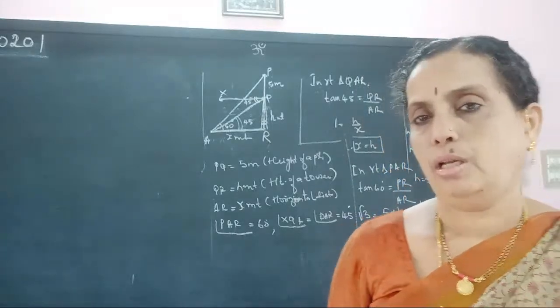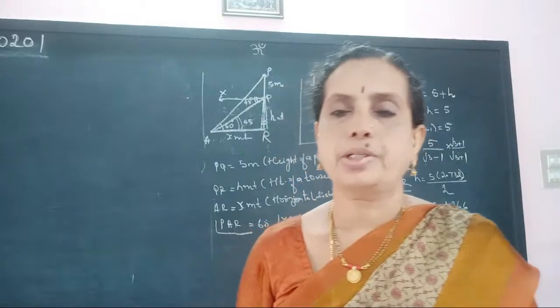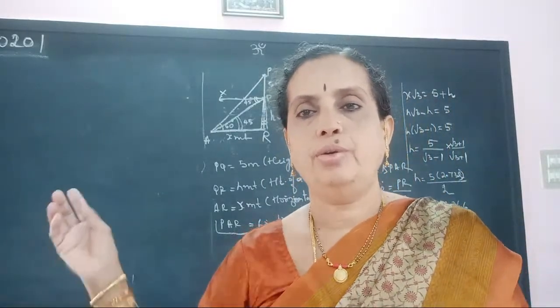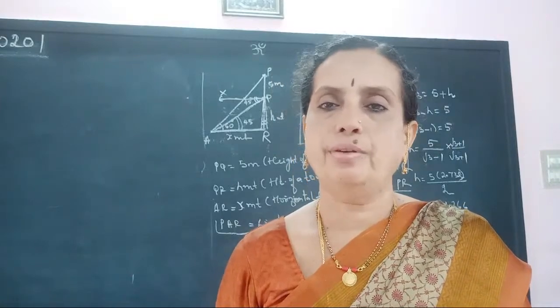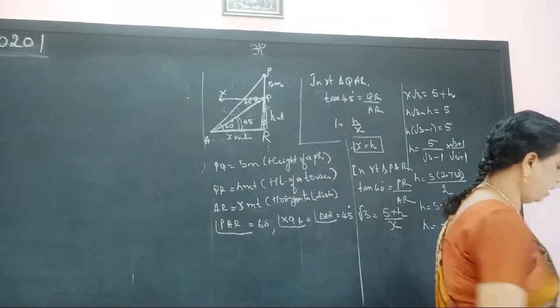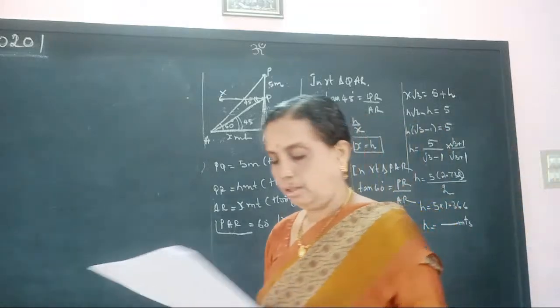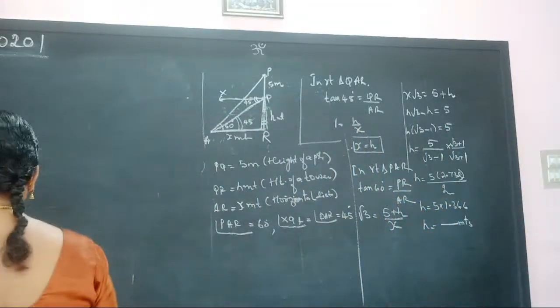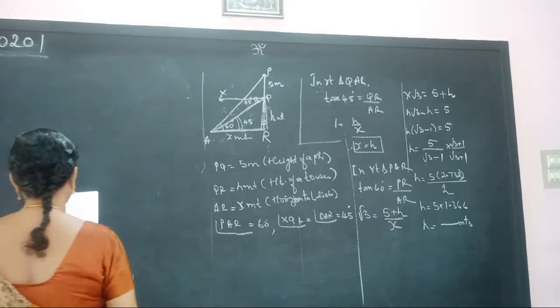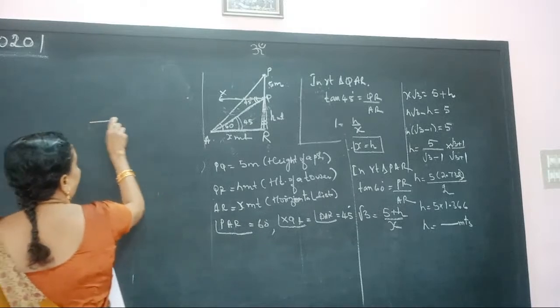Simple question. So based on this, let us try to draw the figure. You can also try. Later you can compare my figure with your figure. Okay. So go through the first sentence and get the figure. The length of a string between a kite and a point on the ground is 90 meter.